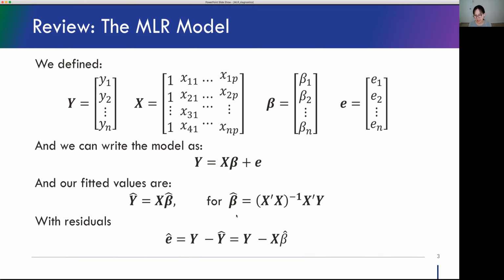This beta hat is still a least squares estimate, but this is for multiple linear regression. We have a larger X matrix, and the residuals are calculated as your data minus your estimated or fitted values y hat, which is X times beta hat.